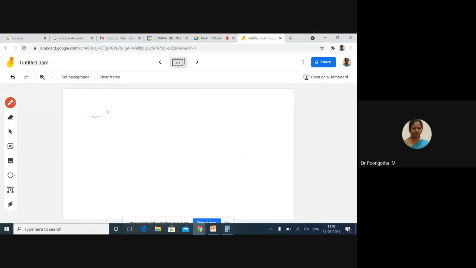So minus 150 is given in the problem. The microcontroller subtracts this value from 256. What is the answer? 106.